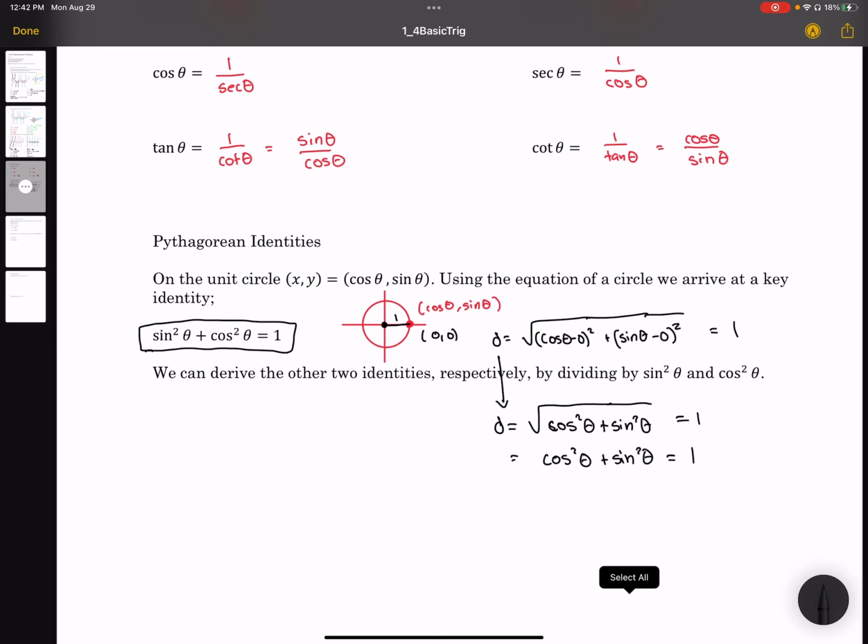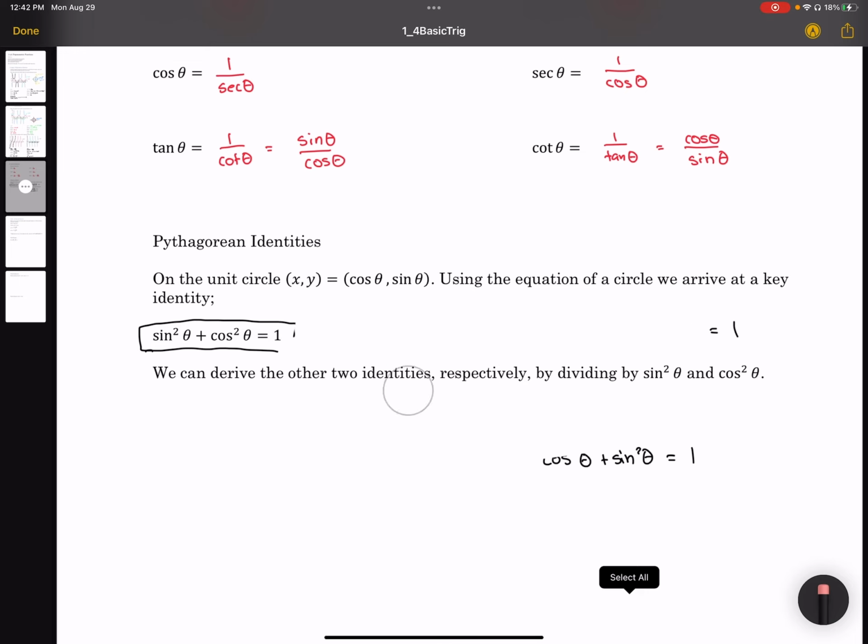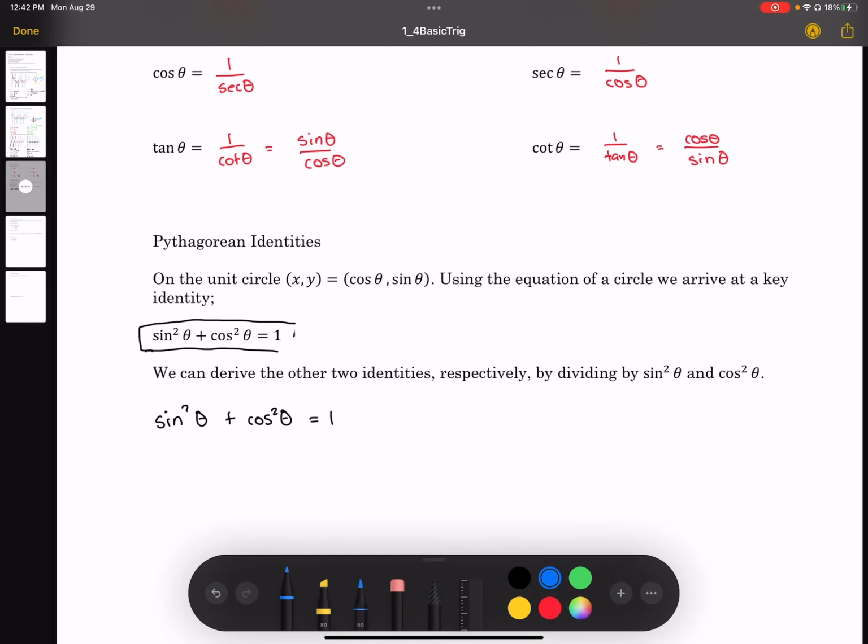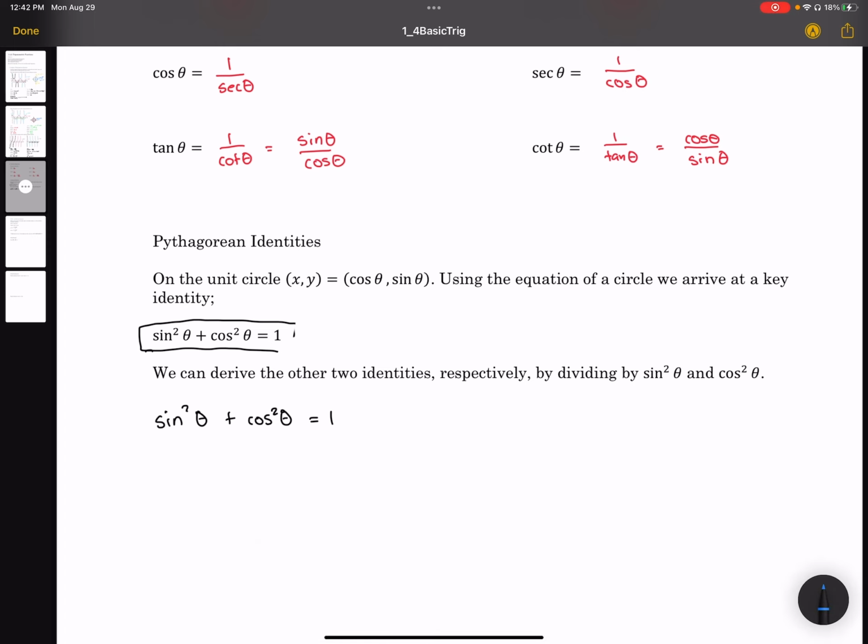So to get the other identities, we can divide this given identity of sine squared plus cosine squared equals 1, respectively by sine squared and cosine squared. So let's do that. If we take sine squared theta plus cosine squared theta equals 1, we're going to divide everything in our problem by sine squared theta.